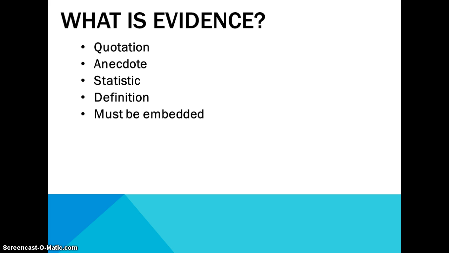That means we're not plopping the quotes down, you're leading into the quote and you're integrating the quote within your own sentence. Also remember, guys, anytime you have one of these things, unless you've just gotten it out of your own brain, it has to be cited with an internal citation and a works cited page.